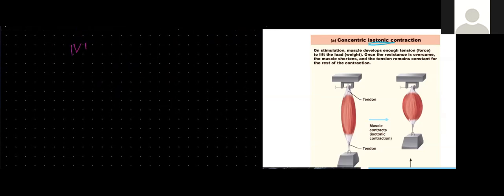Let's see another type of contraction here. Again, my muscle can move 10 pounds. What if I'm trying, let's say, to move my car? So to carry the car by my hands up in the air.